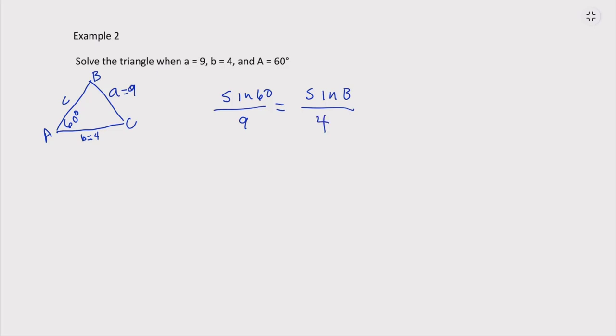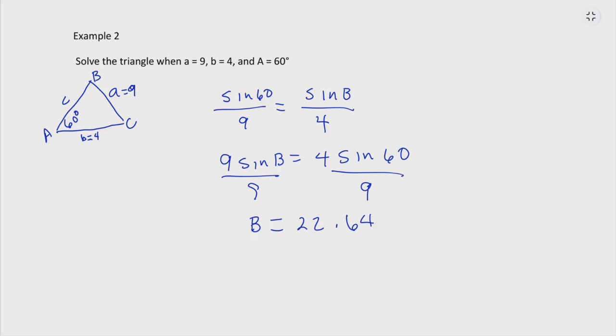Then we would cross multiply. So this would be 9 sine of B equals 4 sine of 60. Then we'll divide by 9. So I get B is equal to 22.64, rounded to 2 decimal places.